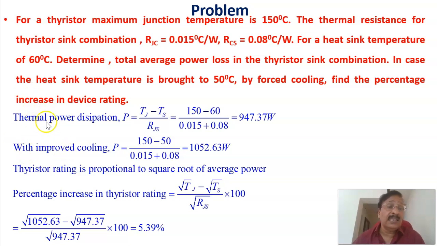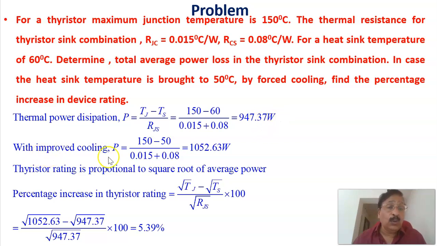Now first let us see the thermal power dissipation P equal to Tj minus Ts divided by Rjs. Tj is given as 150 degree and 60 degree heat sink temperature. Therefore, that divided by Rjs is equal to 947.37 watts.